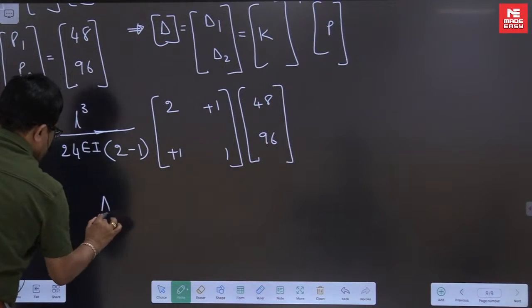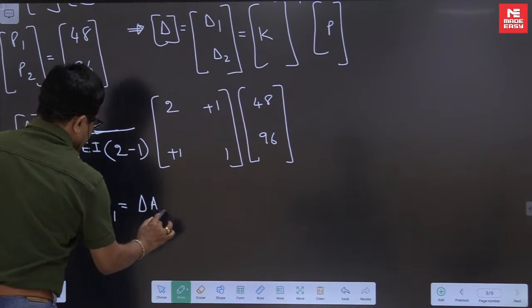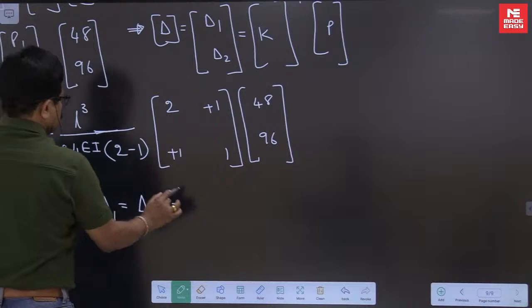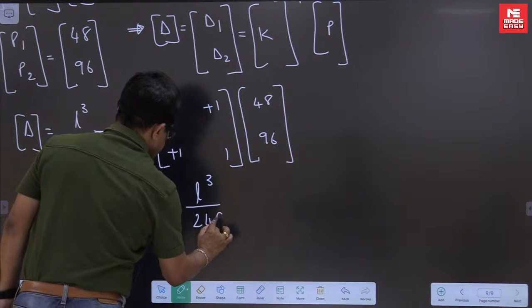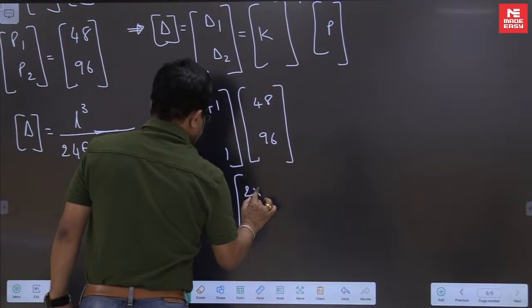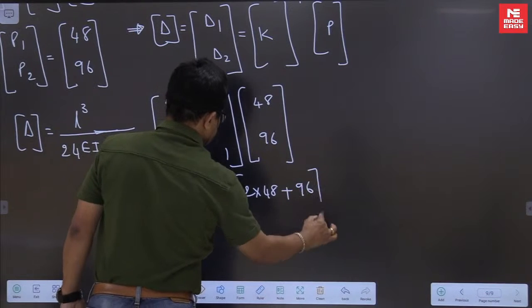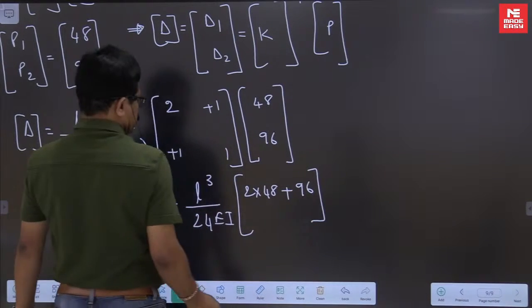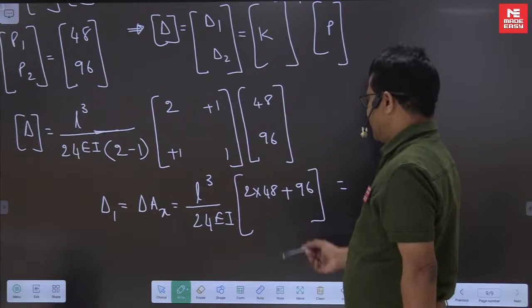Now you see delta 1 is nothing but displacement of A in x direction. You will get L cube by 24 EI. This is 2 into 48 plus 96. Multiplication. So you will get 24 into 8.